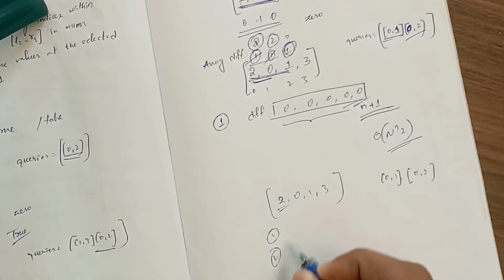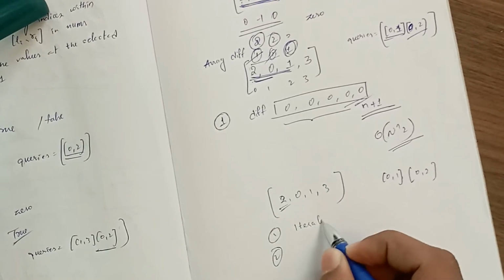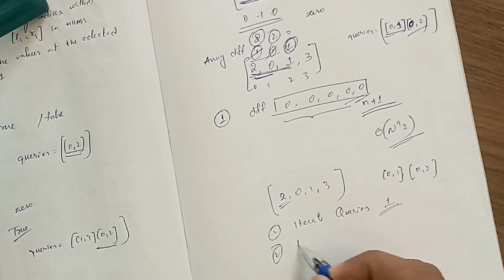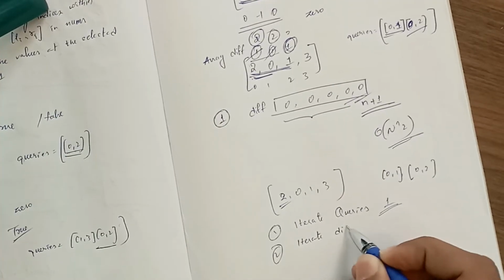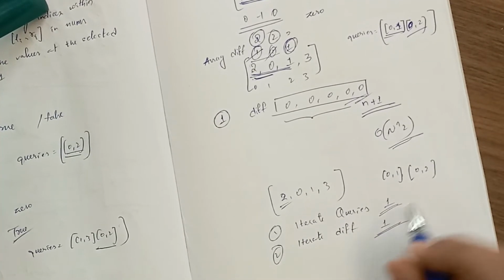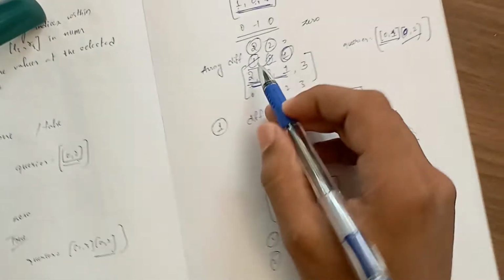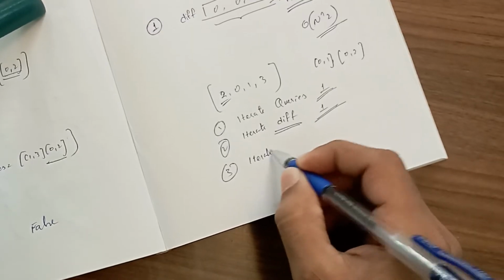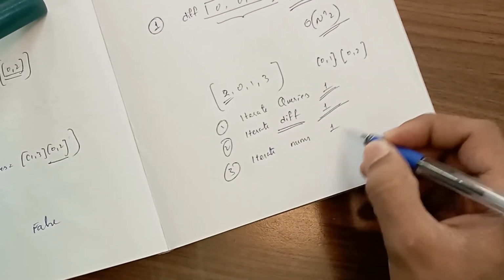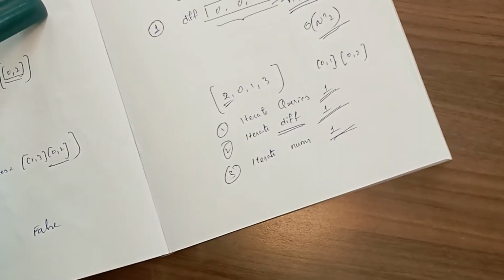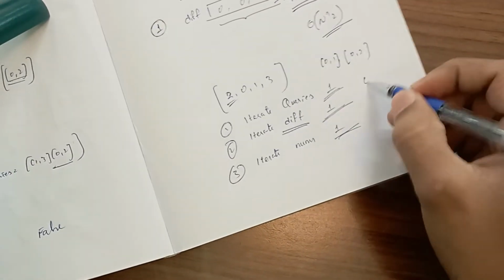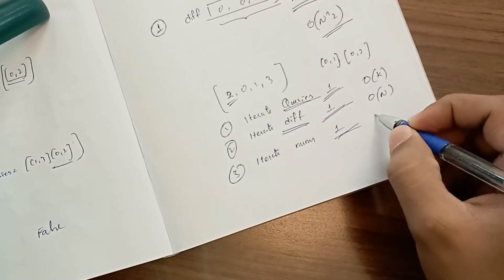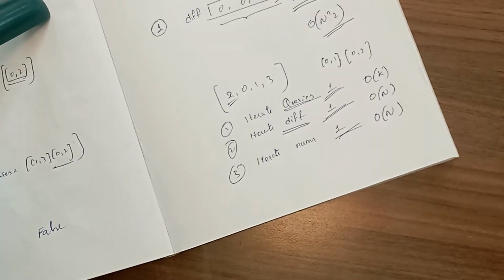We need to do two things: iterate the queries just one time and iterate the difference array just one time. We make the difference array like this, and then iterate the nums array just one time. So if the length of queries is k, we will have O(k) plus O(n) plus O(n).